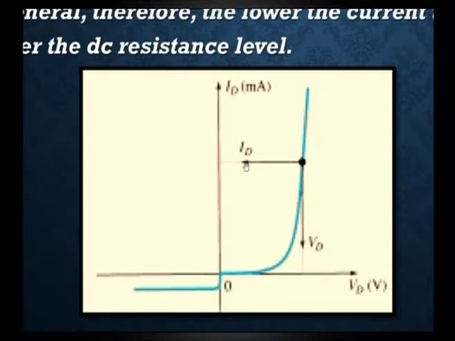From the x axis we can take the VD value, and from the y axis we can take the ID value, whose ratio is the resistance. Ohm's law is V equals IR.